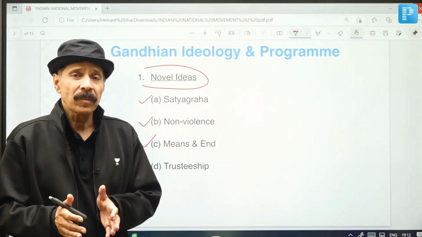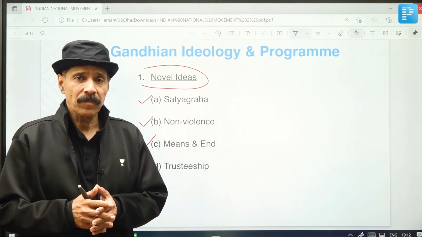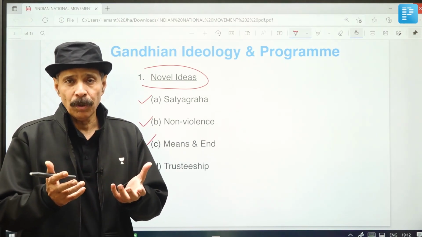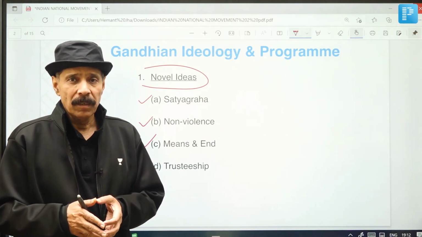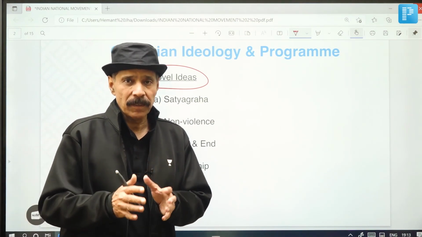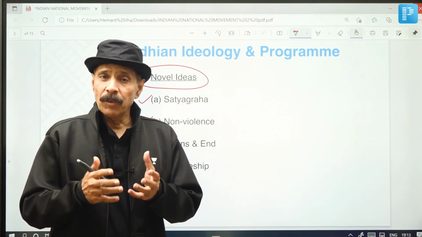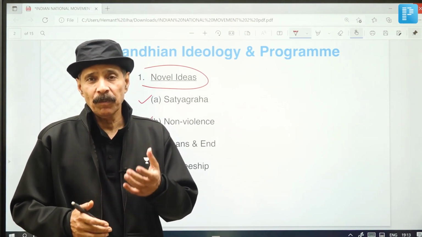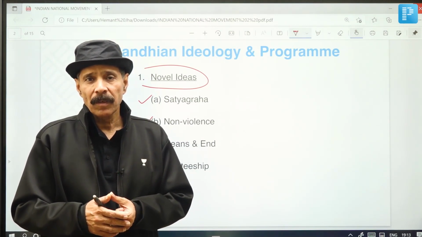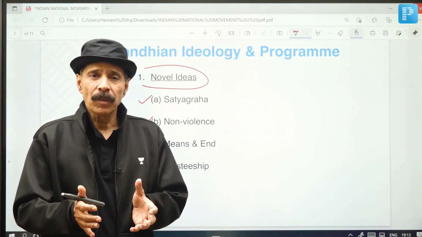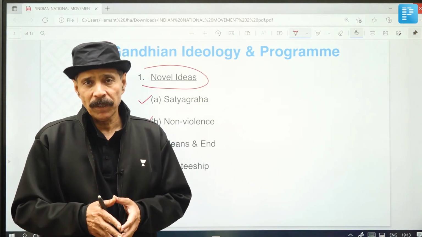According to this, means are equally important as end. End refers to goal. So according to Gandhi, means must be right means. Means must be non-violent means. Means must be noble means and legitimate means. So attainment of Swaraj or freedom by any means was not acceptable to him.